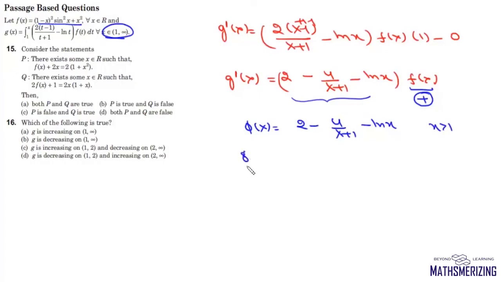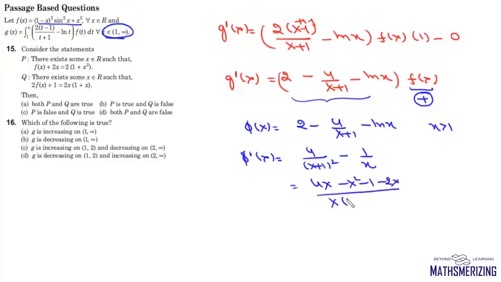Now we'll find φ'(x). So it will be 4/(x + 1)² − 1/x. So it will be (4x − x² − 1 − 2x)/(x(x + 1)²).